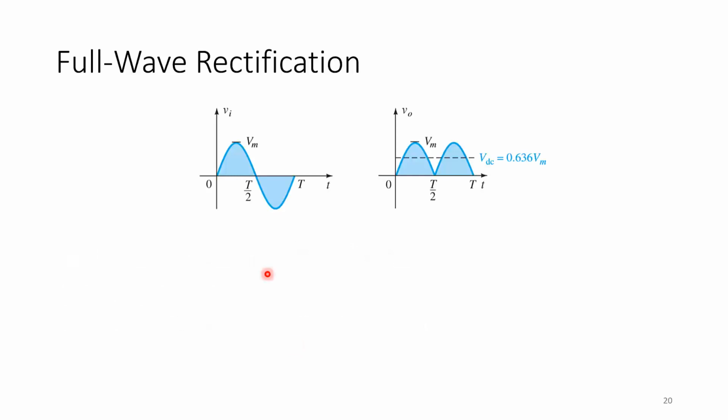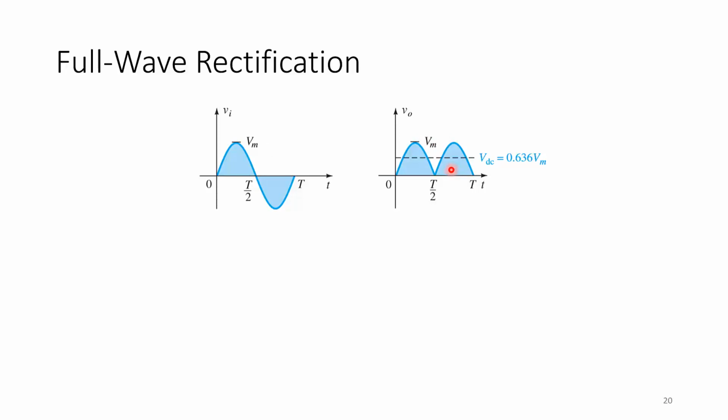Full wave rectification. As I mentioned in the first video, part 1, if we have a time varying input signal, when we rectify, we want to change it from an alternating current to a signal that is only in one direction, either only positive or only negative. In this case, we have an example where it is only positive, but for full wave rectification, the negative cycle is reflected to become part of the signal in the positive domain.